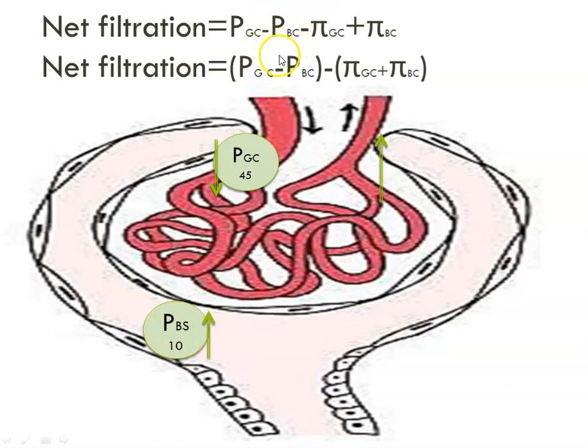Next is the oncotic pressure in the glomerular capillary. The oncotic pressure in the glomerular capillary is due to the plasma proteins present in the glomerulus. This plasma protein opposes the filtration. It does not filter through the filtration membrane, so it opposes the filtration. So this is also a negative pressure: minus pi GC.